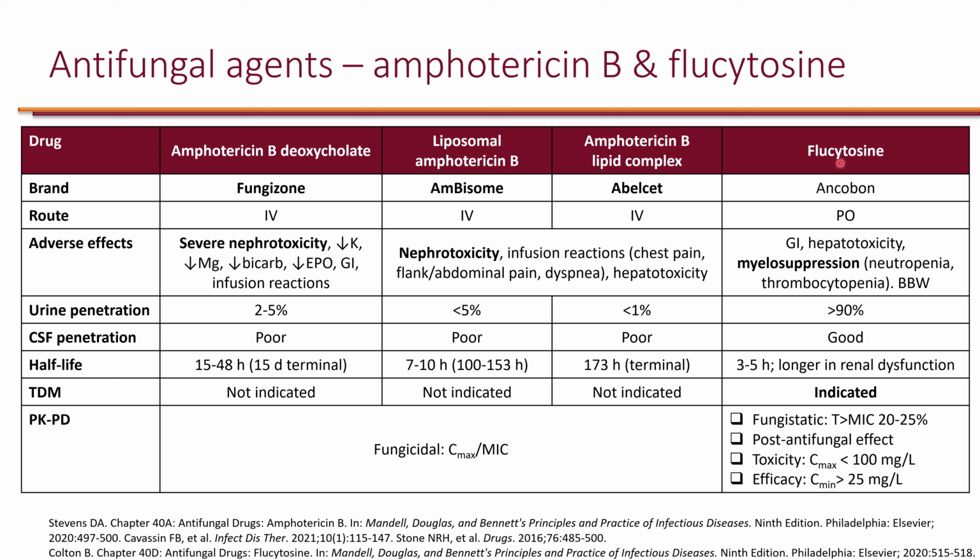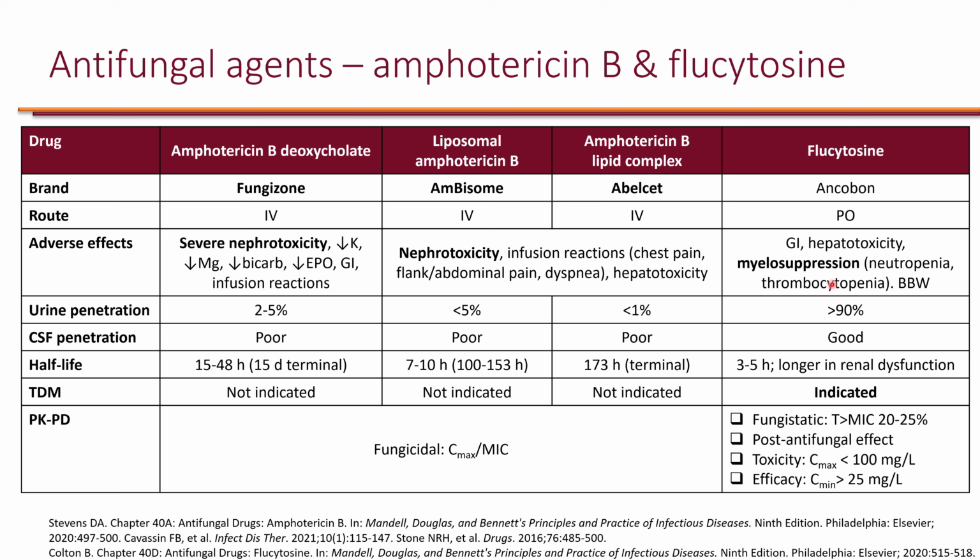And also, let's talk about flucytosine. Flucytosine is only available PO. It has a very short half-life, and it is dependent on renal function. This is very highly concentrated into the urine, and so renal function is really important because this drug can also have severe adverse effects, including myelosuppression, so neutropenia and thrombocytopenia.